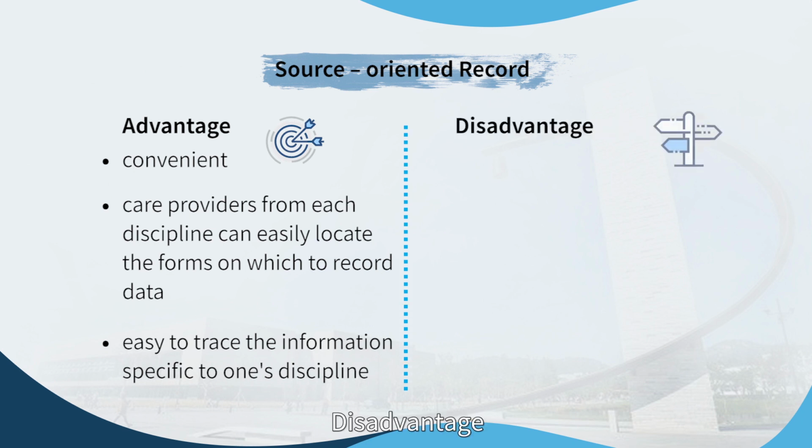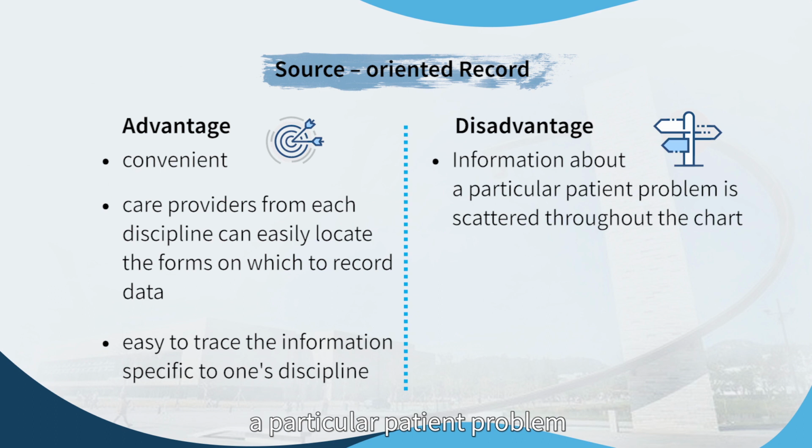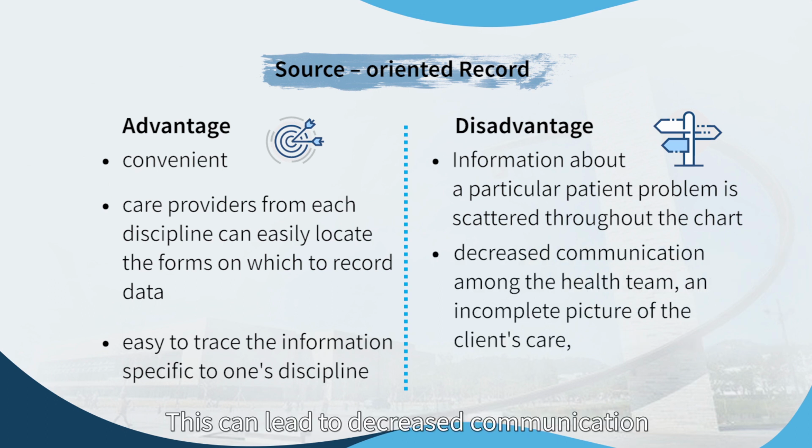The disadvantages are: information about a particular patient problem is scattered throughout the chart, so it is difficult to find chronological information on a patient's problems and progress. This can lead to decreased communication among the health team, an incomplete picture of the patient's care, and a lack of coordination of care.